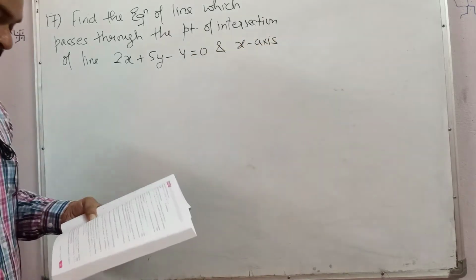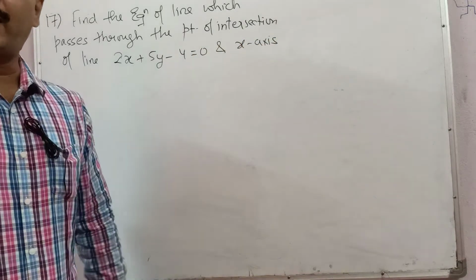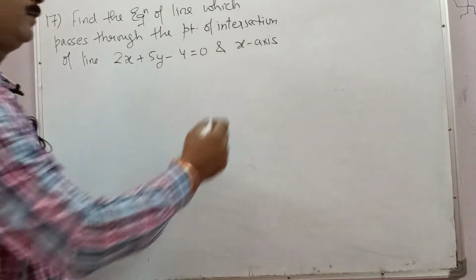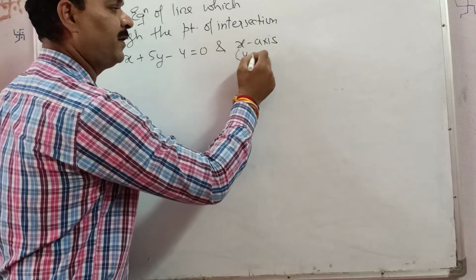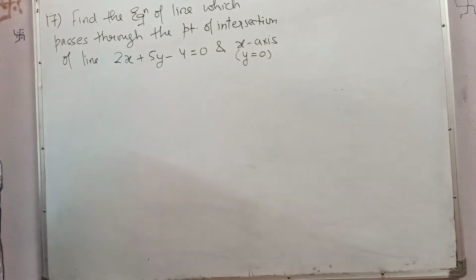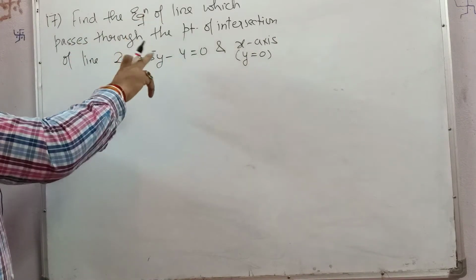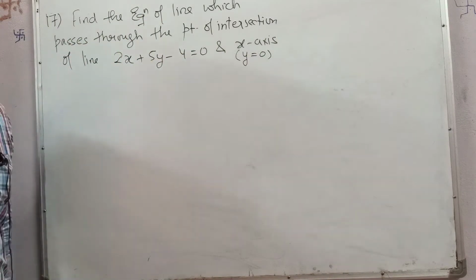Now at x-axis the value of y, or the ordinate, is always 0. So therefore the equation of x-axis is y is equal to 0. So first we need to find out the point of intersection of these two lines.